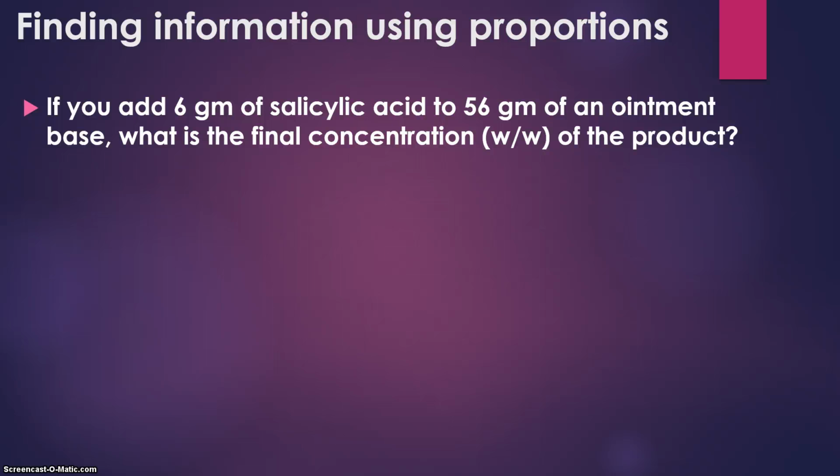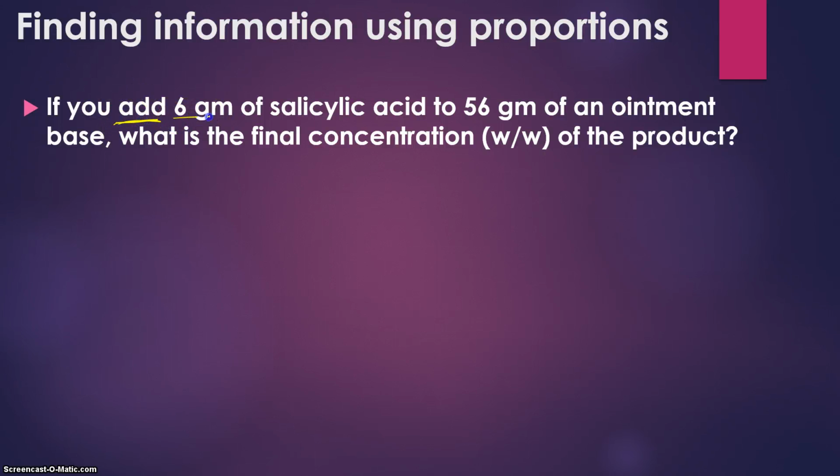So this is another problem in which we're doing percent concentration. If you add 6 grams of salicylic acid to 56 grams of an ointment base, what is the final concentration weight by weight of the product? So a keyword we want to look for in problems is add.